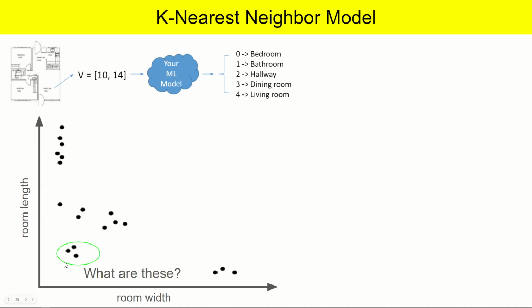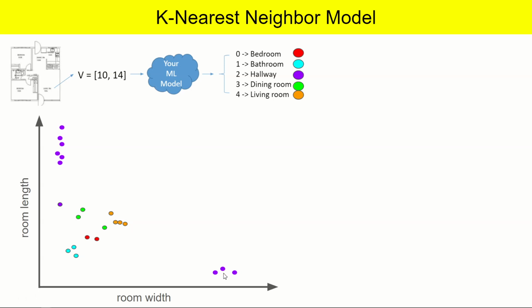What about these ones down here? What about these ones over here? So this is what they actually are. All these ones that were very narrow and long were hallways. These ones were dining rooms. These two were bedrooms. These three were bathrooms. These ones over here are living rooms.